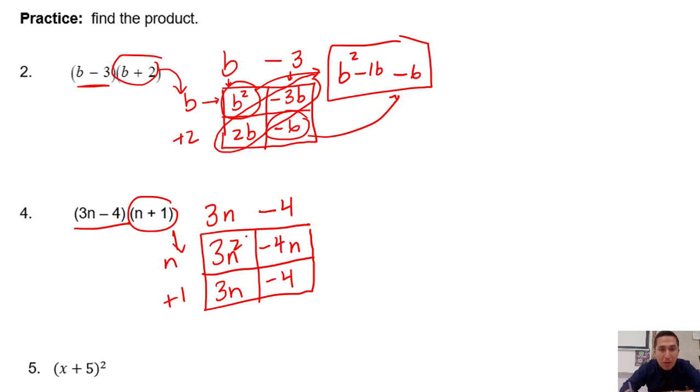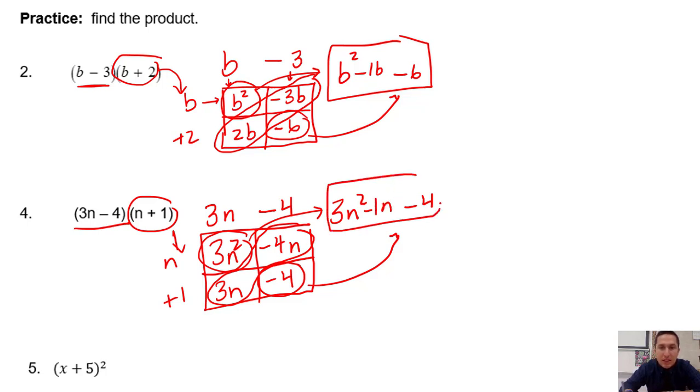So now to get out of the square, take that first guy, write him down. He'll be your first term, 3n squared. Take that -4, put him at the back. Now we're going to combine these little guys right here. So I have a -4n plus 3n, which gives you a -1n. That's it. That's how I multiply these binomials.